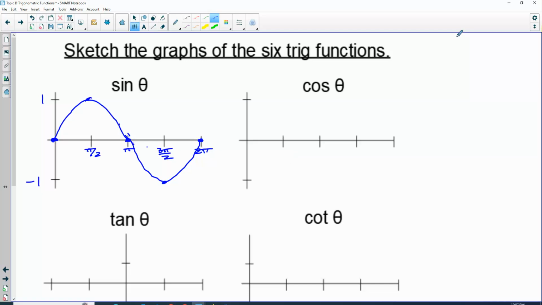Right, cosine. So again, 1, -1, points on the x-axis, pi over 2, pi, 3 pi over 2, and 2 pi.